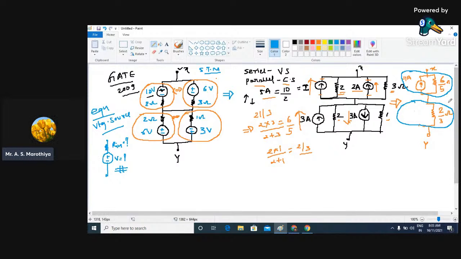So what we need to do now, we need to apply the source transformation technique one more time to convert this current source into an equivalent voltage source. So how is the structure going to look? Here this is going to be X, somewhere over here we have Y, and first we are going to convert this current source into an equivalent voltage source.